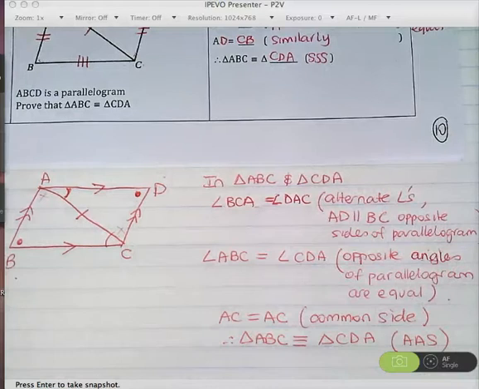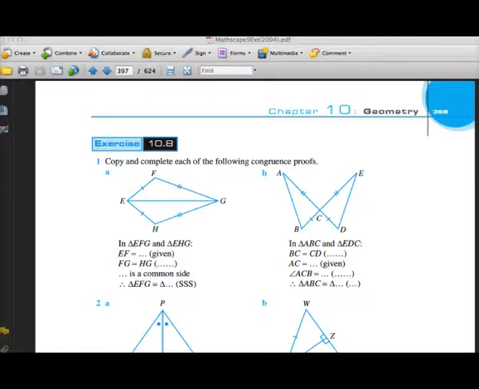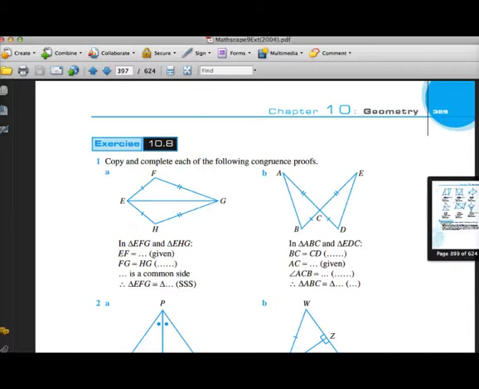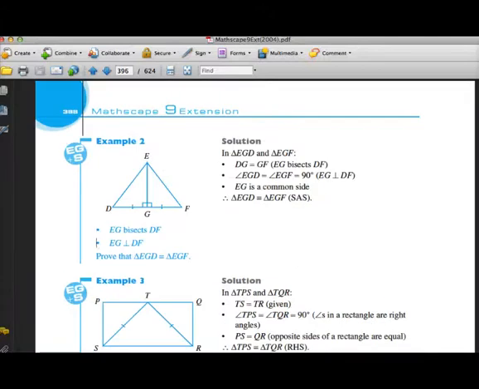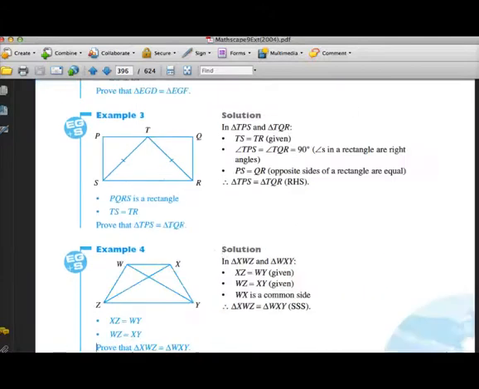Okay, now I'll just set the homework for tonight. For homework, you can go to exercise 10.8 in the textbook. We've already done question 1 as one of our examples, and also question 2. So we've done all these examples already.